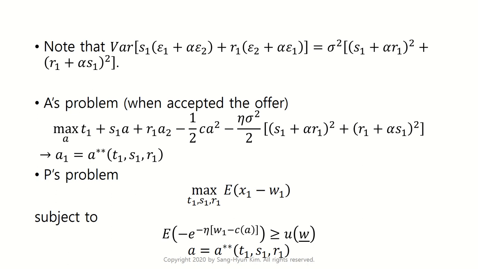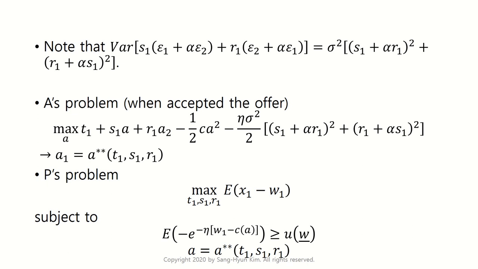But here I just wrote the expected profit from agent 1 only. The reason is agent 1 and agent 2 are symmetric. They are identical. So we don't have to consider the two agents. Just considering one agent is enough.